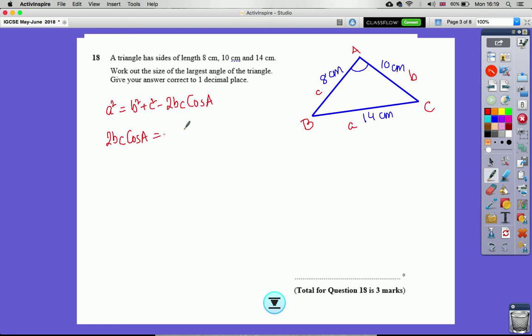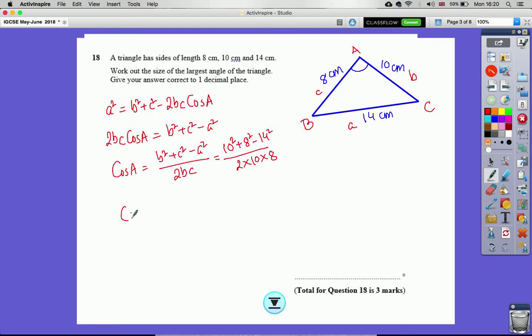Cos of A is b squared plus c squared minus a squared over 2bc. Now I'm going to put the values of a, b and c. Now b is 10, so I'll do 10 squared plus 8 squared minus 14 squared over 2 times 10 times 8. Now cos of A, if you simplify that, you get negative 1 over 5.